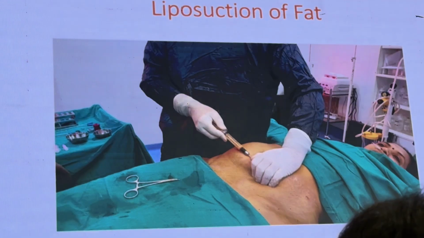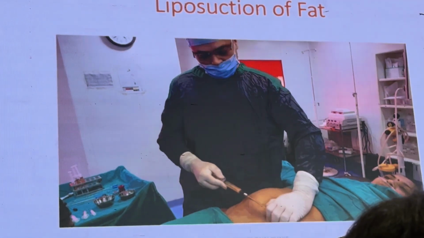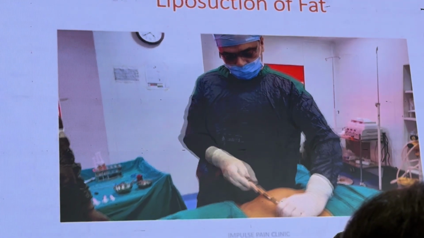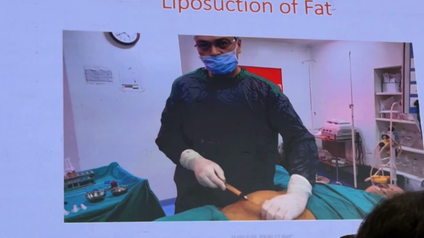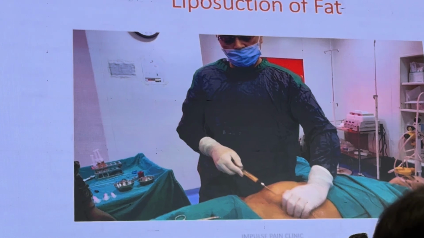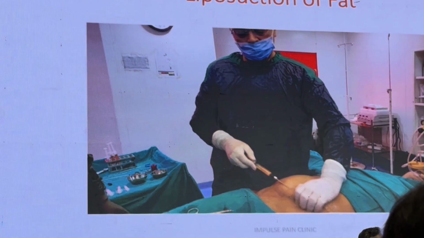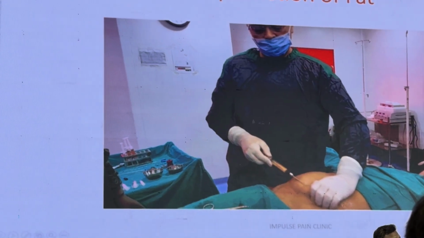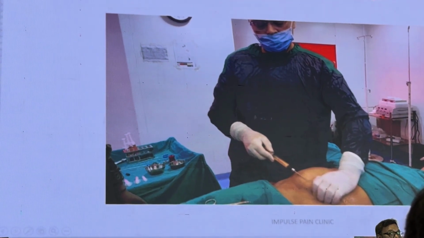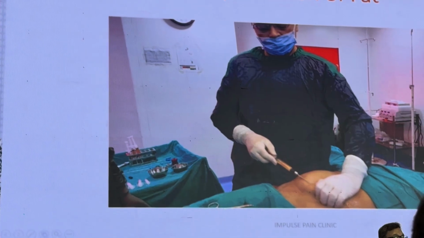It has multiple holes, and I usually do it without local infiltration. I just give a bilateral TAP block. From a 4 to 5 centimeter area of the bilateral abdomen I can get fat for aspiration, and I inject normal saline with adrenaline and hyaluronidase for better fat aspiration.